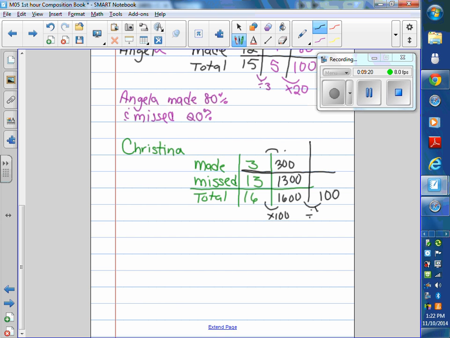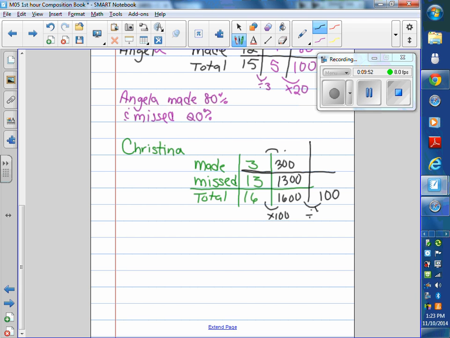What do I have to divide by? To get from 1,600 to 100? How do you get 16 to 1 when you divide by? 16 divided by 16.